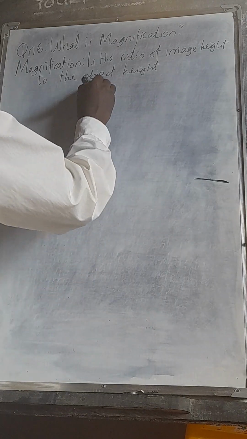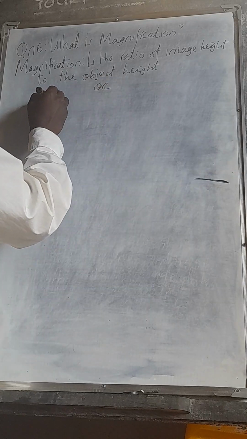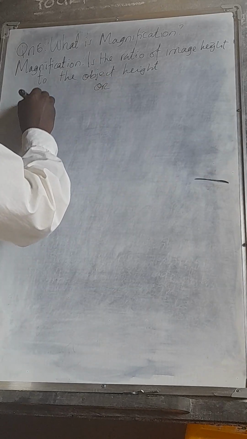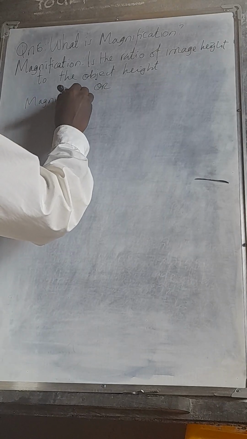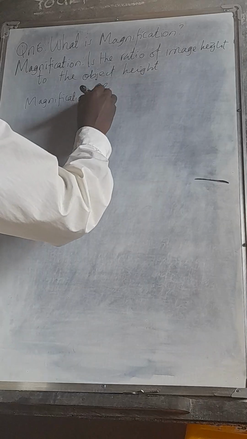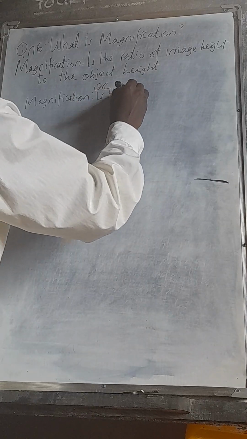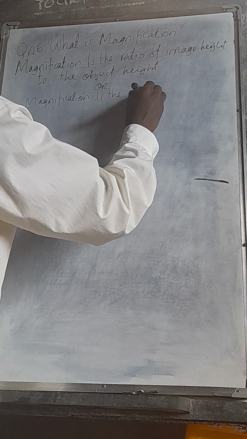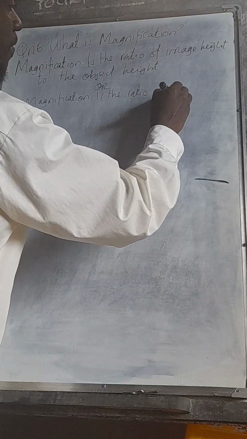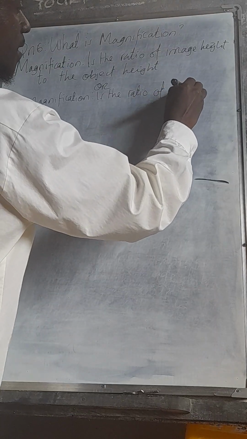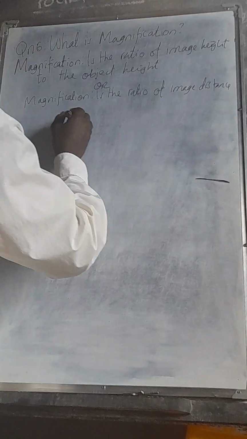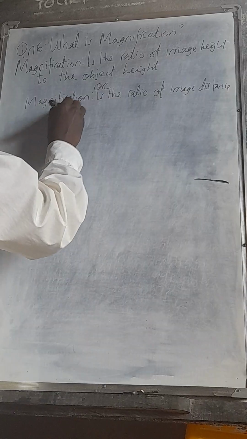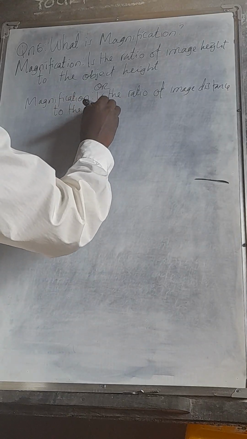Or also you can say magnification is the ratio of image distance to the object distance.